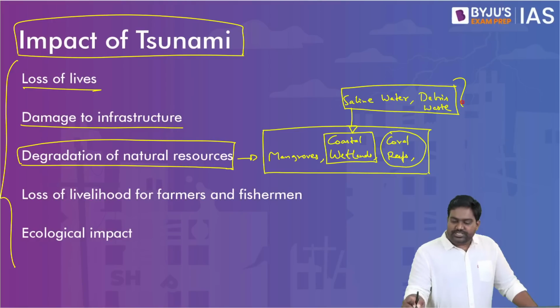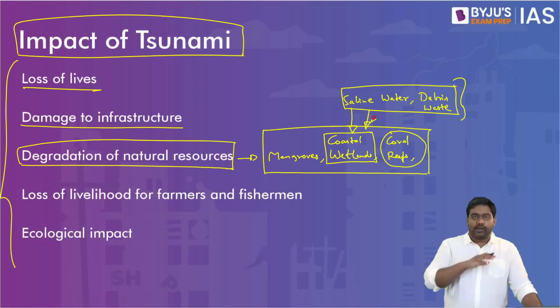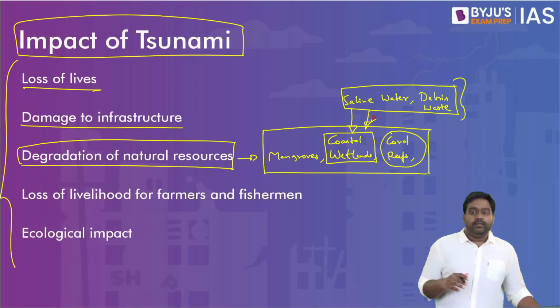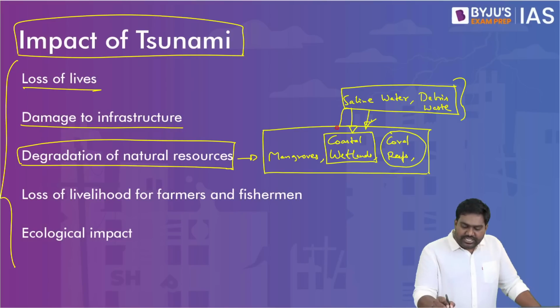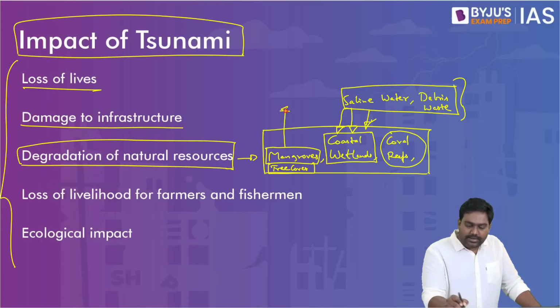Your lagoons, estuaries, backwaters, such coastal wetlands will be flooded with the seawater, and it brings a lot of debris and waste as well, causing pollution, bringing toxicity, and changing the balance in that ecosystem. Mangroves will take the hit. Mangrove forests and tree cover are extremely crucial as a natural buffer against tsunamis.